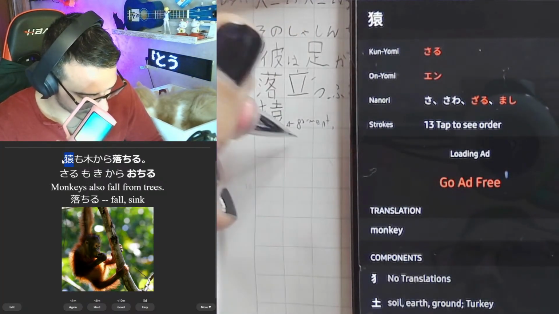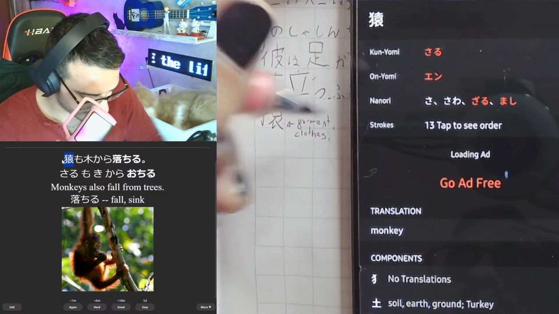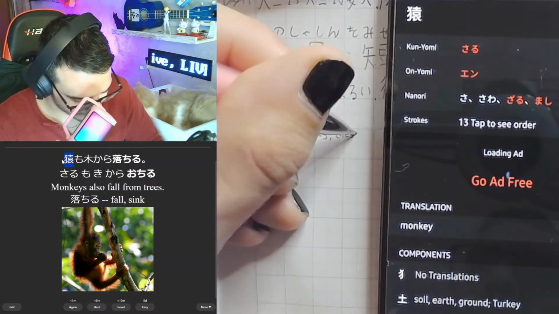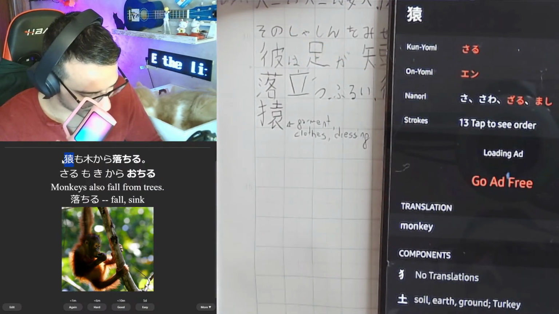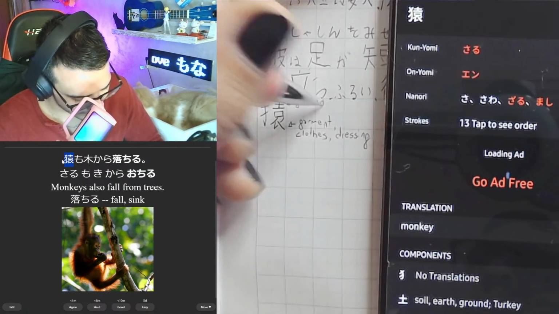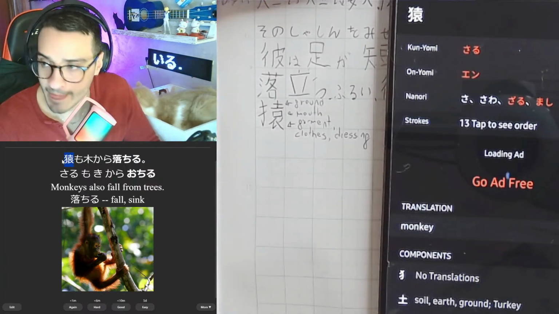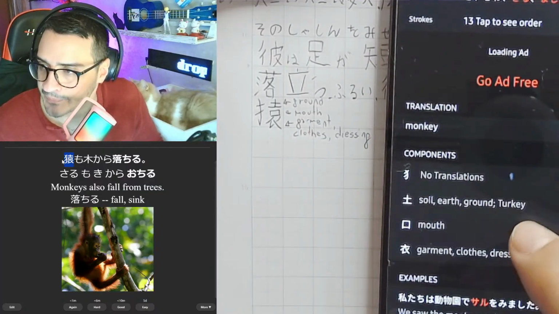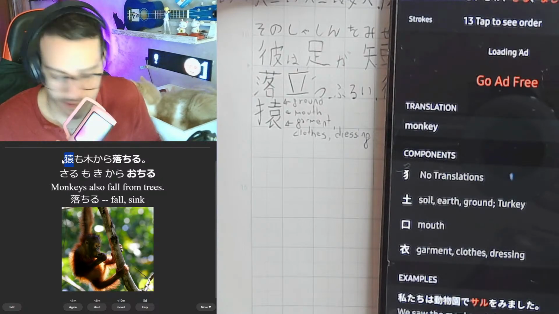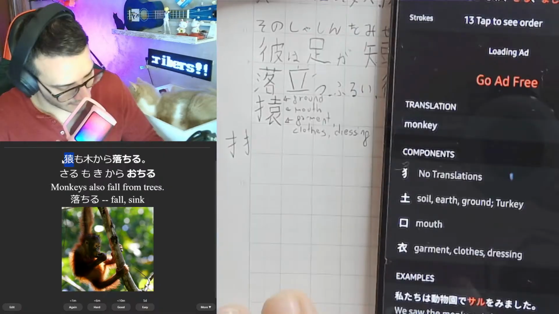Garment, clothes, and dressing. Of course, this is the ground one, and this is the mouth radical. And this one here does look like the te, right? Yes, it is the te. This is the hand radical.